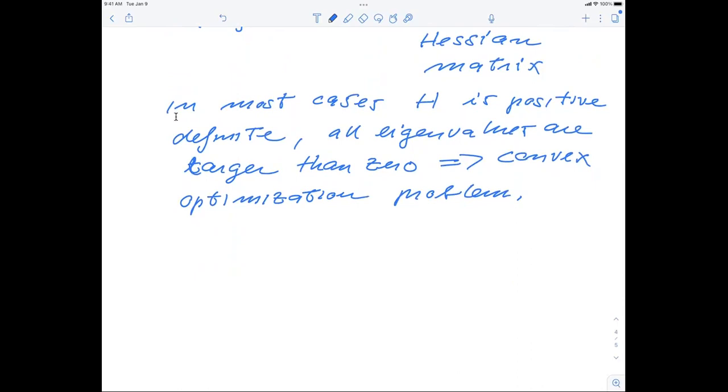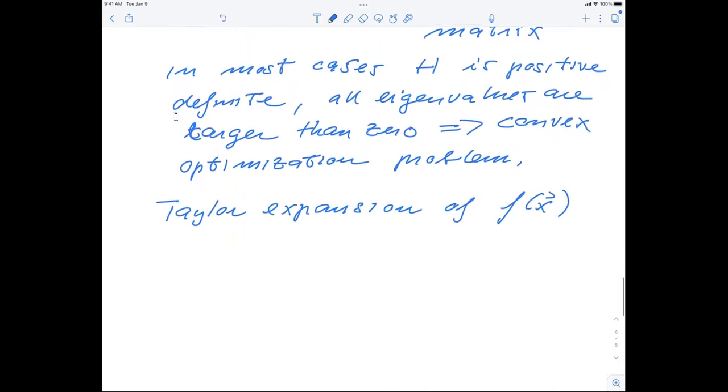What we're going to look at now is a Taylor expansion of the function which we want to optimize, and then we will see how Newton's method comes in. So if we look at the Taylor expansion of this function, where I keep the vector notation, I have an f of x. If we stop at second order in the Taylor expansion, we can write an approximation.